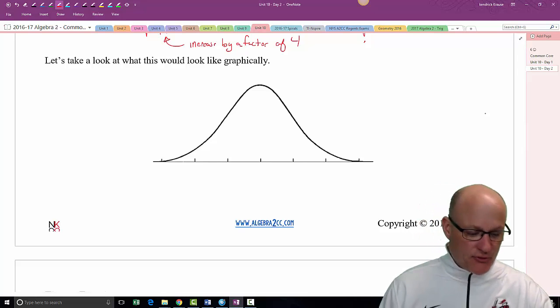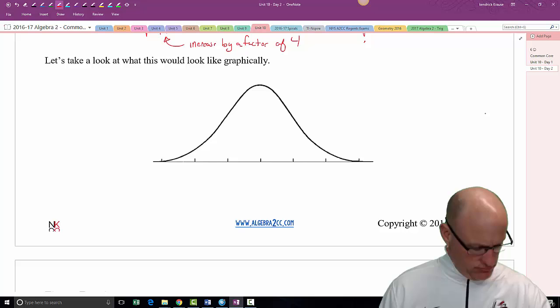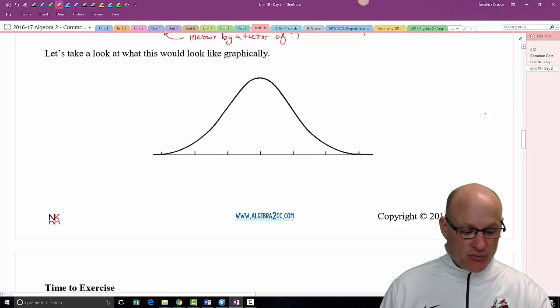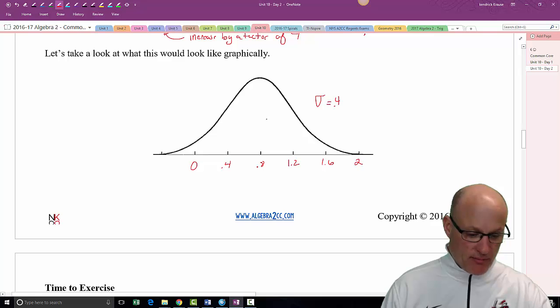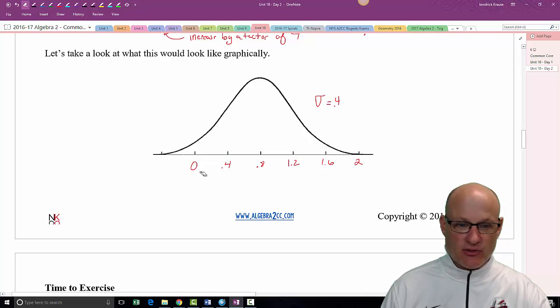Let's see what we got. So we're going to draw, I didn't draw this in my notes. I don't know why. So I got my sampling distribution where p equals 0.8 and standard deviation of 0.4. So this is 0.8, and I had a standard deviation of 0.4. So this would go 1.2, 1.6, and 2. Maybe this is a bad example. That's probably a bad example.